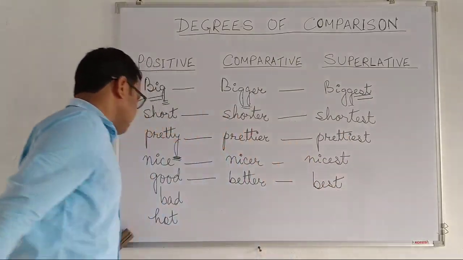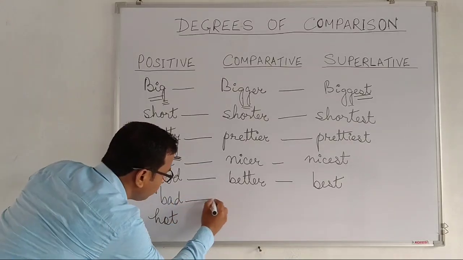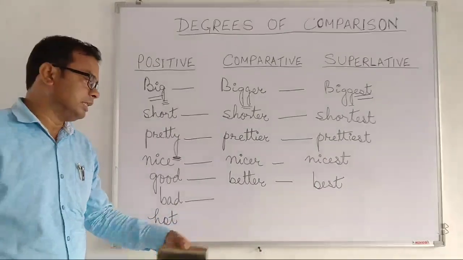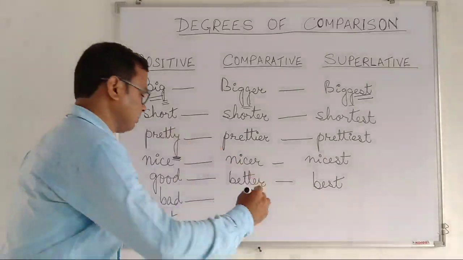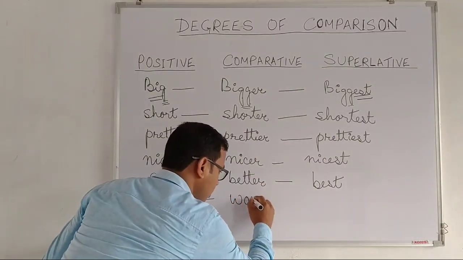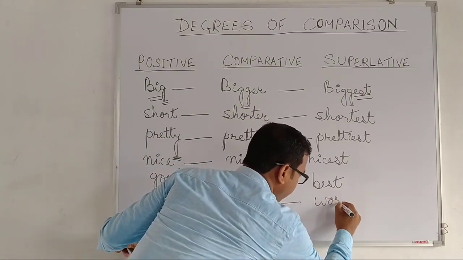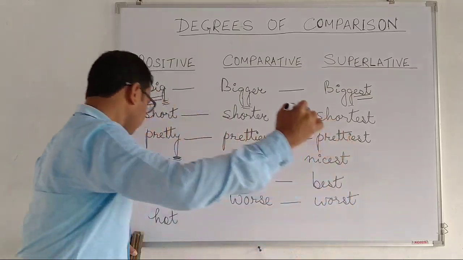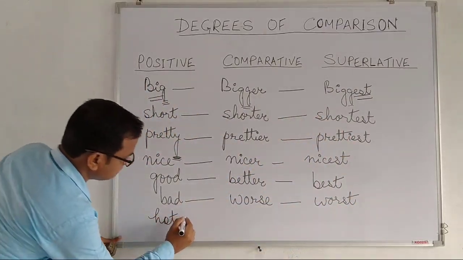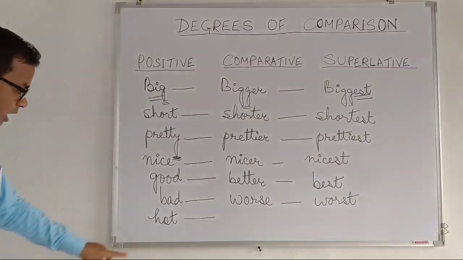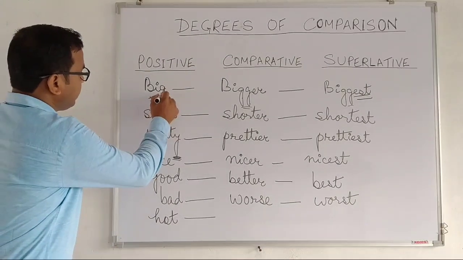Now another example, bad. This is not badder or baddest. It is worse and worst. In comparative form it is worse, and superlative form W-O-R-S-T, worst.